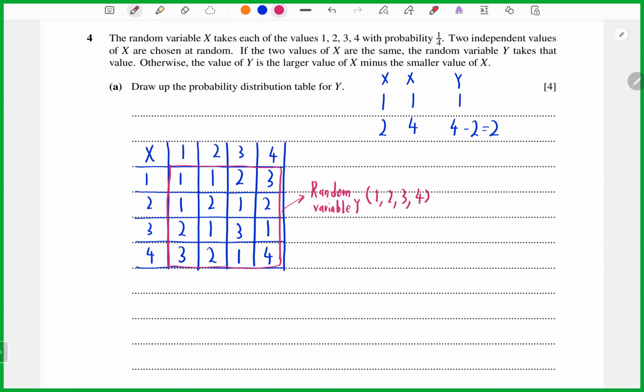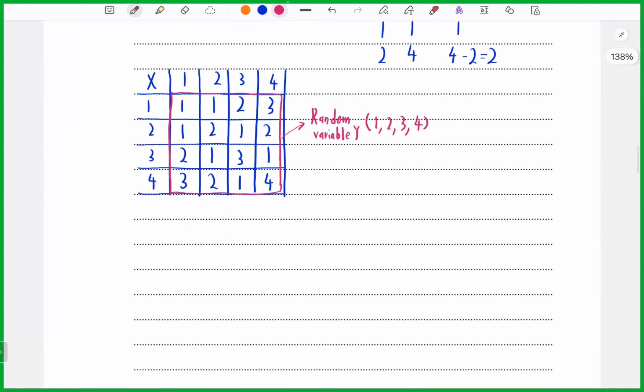So you see what numbers there are, and then you can label here: y, and the probability of y, with values 1, 2, 3, 4.